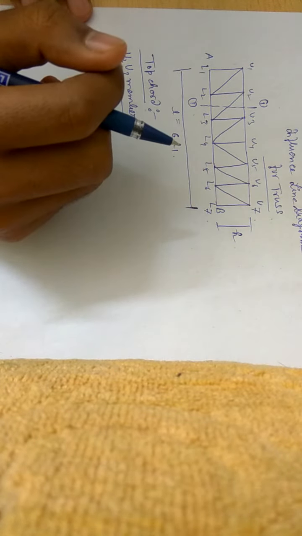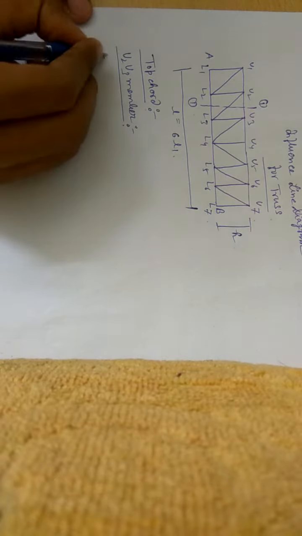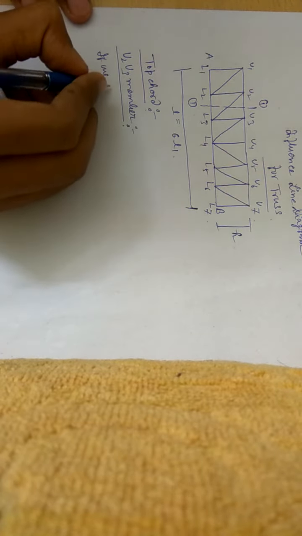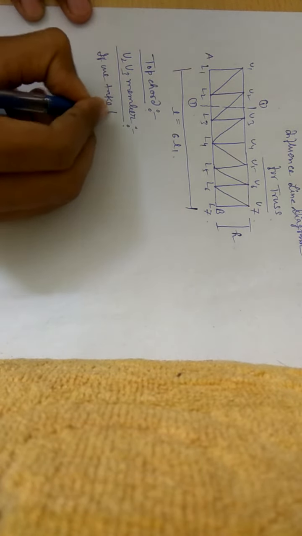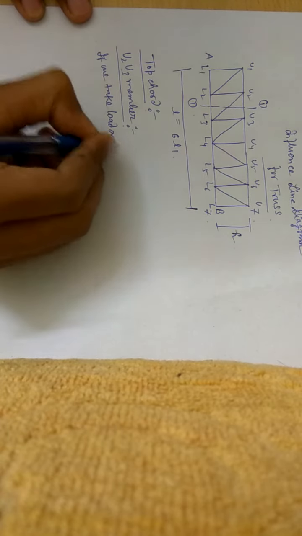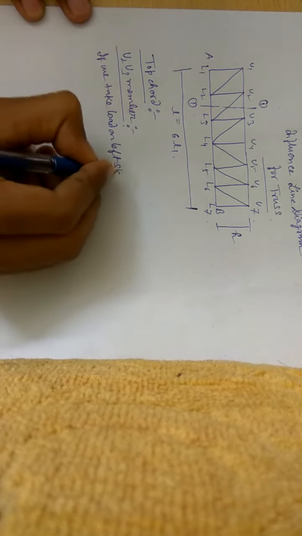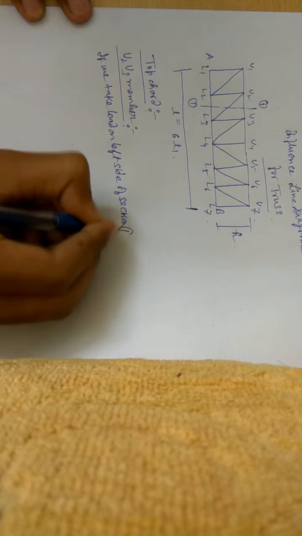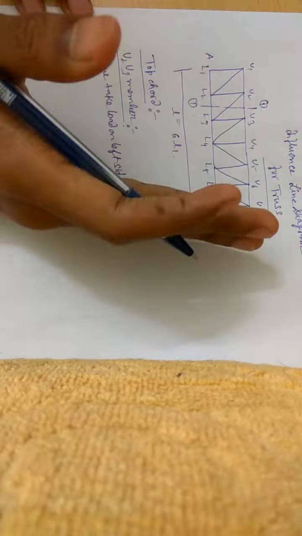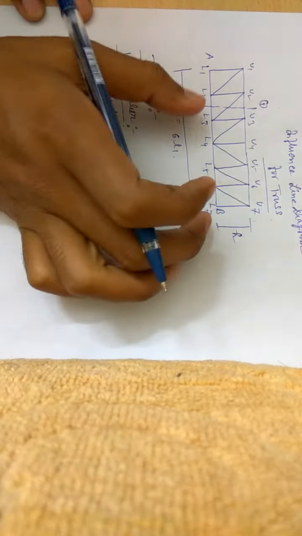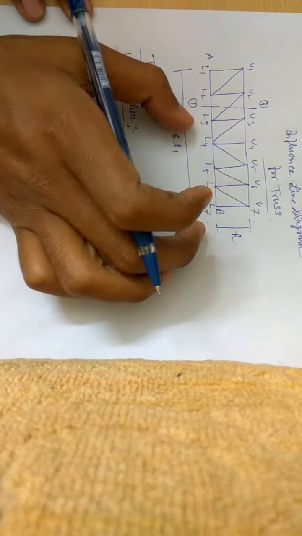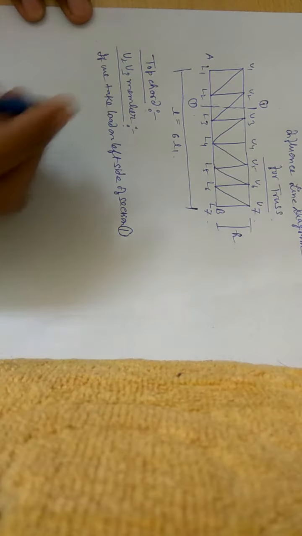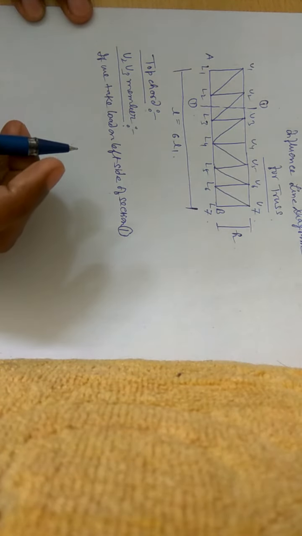Simple. If we take load on the left side of the section, this is the right side and this is the left side, so we will take the right side for calculating member forces.